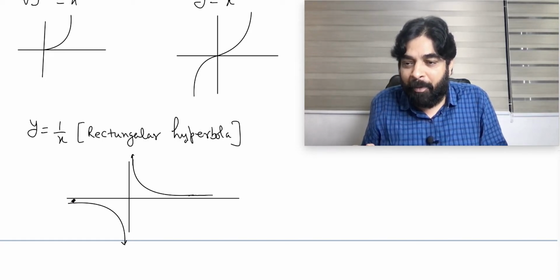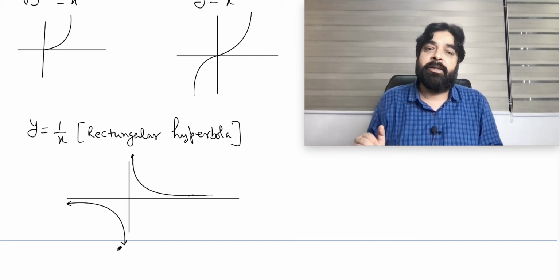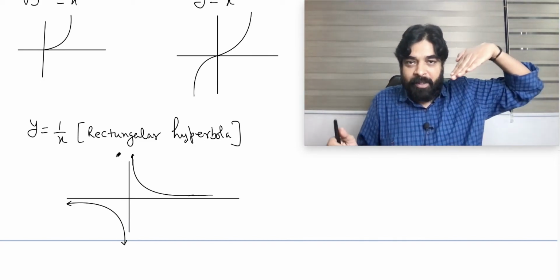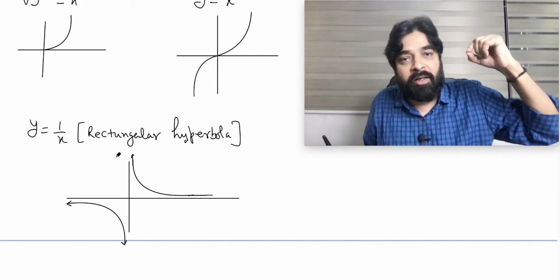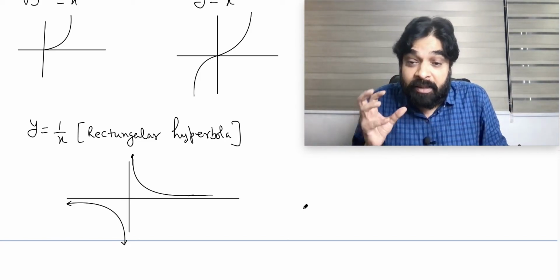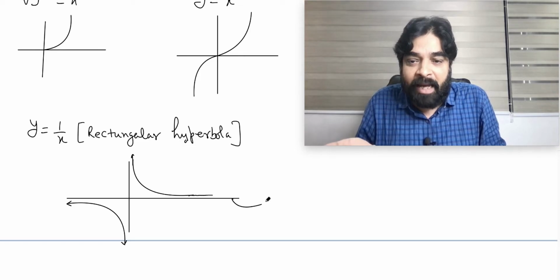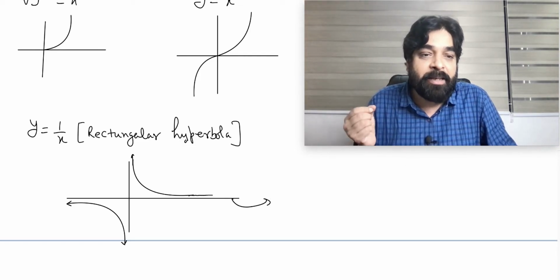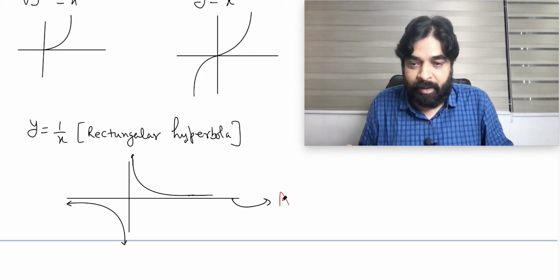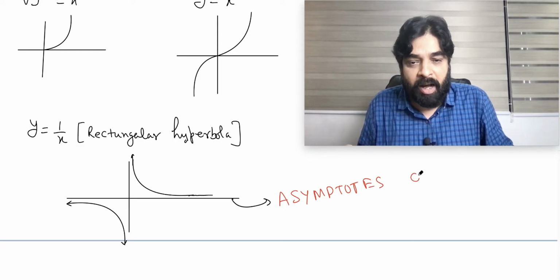This also overlaps on the y-axis. Some graphs will be like this. It will try to overlap on a line. This line, wherever the graph is trying to overlap, that line is always called the asymptote of the curve. Asymptotes of curve.